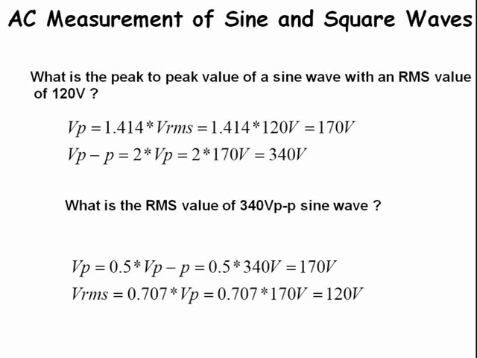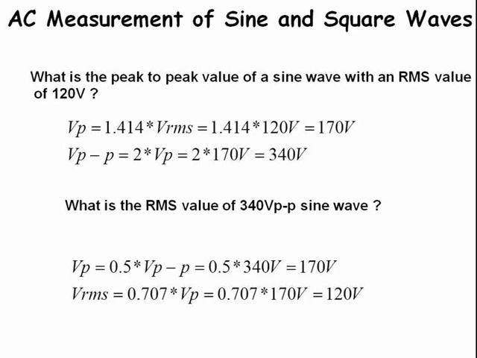What is the peak-to-peak value of a sine wave with an RMS value of 120 volts? Well, to get the peak voltage, we multiply the RMS voltage by 1.414, which gives us 170 volts. Then, to get the peak-to-peak voltage, we double the peak voltage, which gives us 340 volts.